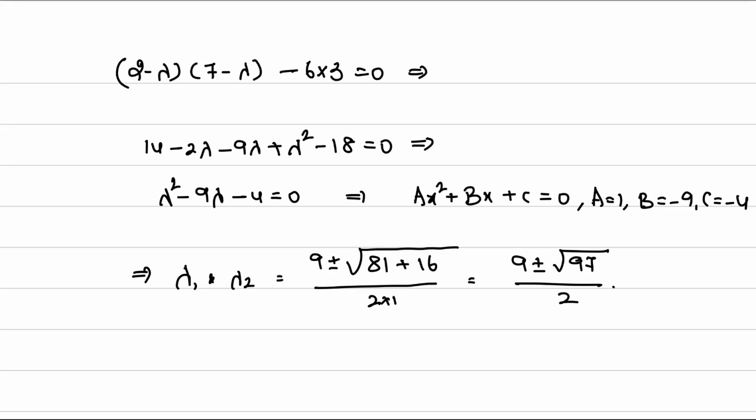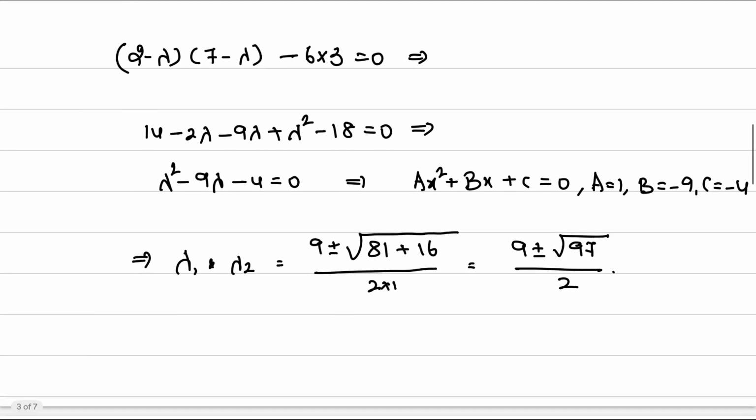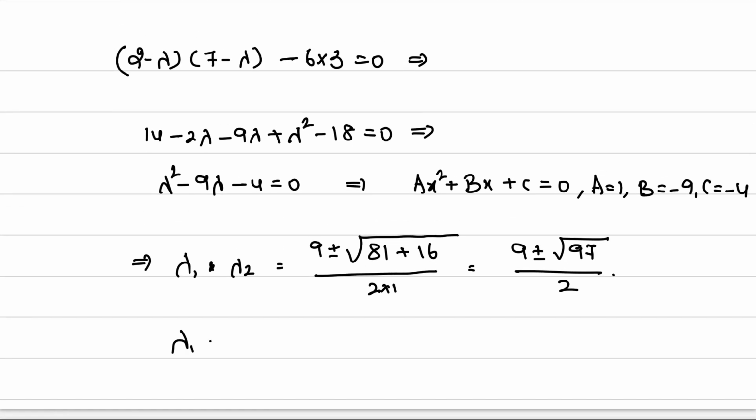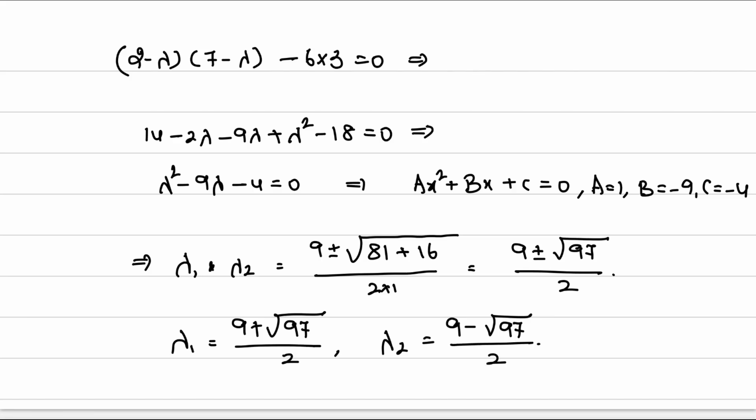These are the values of lambda 1 and lambda 2. Lambda 1, let us say with the positive value, is 9 plus square root of 97 by 2, and lambda 2 is equal to 9 minus square root of 97 by 2. Now lambda 1 and lambda 2 have come.